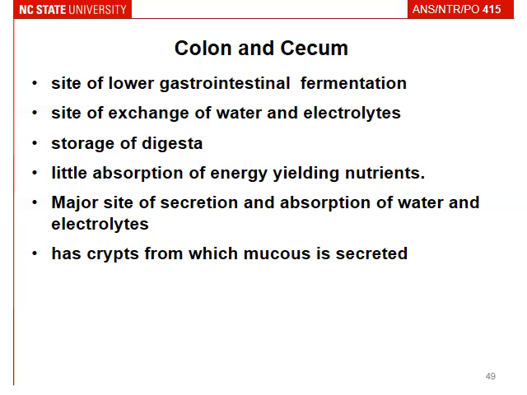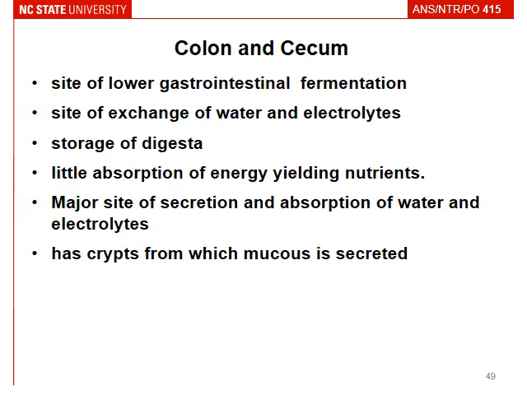Next, we have the colon and cecum. This is the site of lower gastrointestinal fermentation. This is where we exchange water and electrolytes. We store digesta.